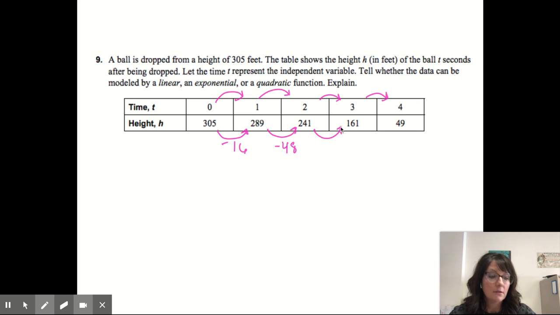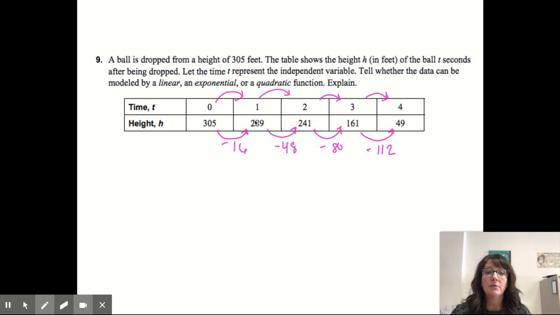The difference here, 241 minus 161, subtracting 80 here. Oh my. Then 161 minus 49, I am subtracting 112.